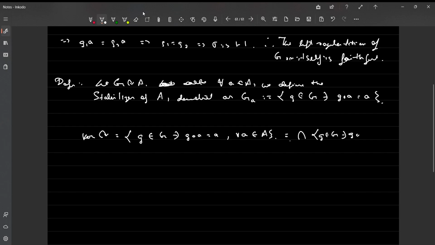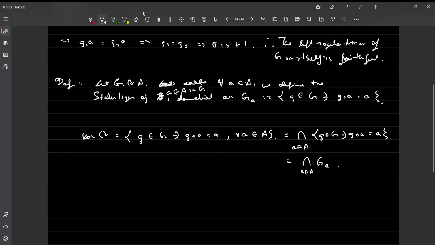So this can be written as the intersection of all the elements in G which fix some A in A, right? So this is the intersection of all the GAs, right? Clear? So GA, that is the stabilizer of A.